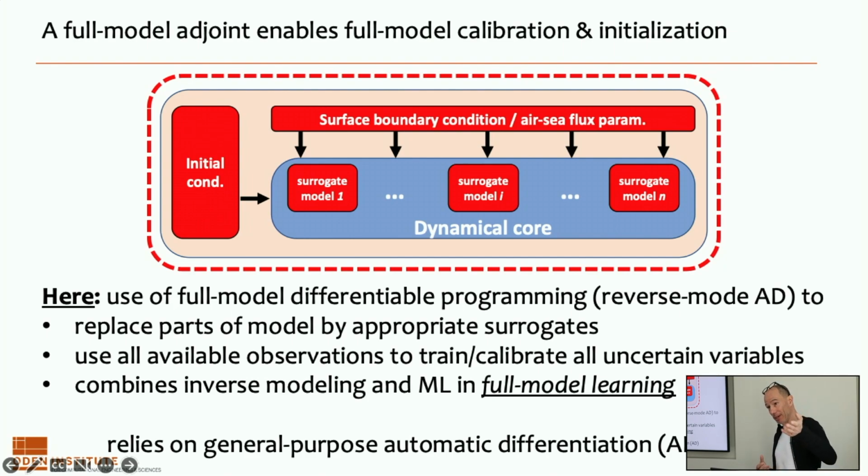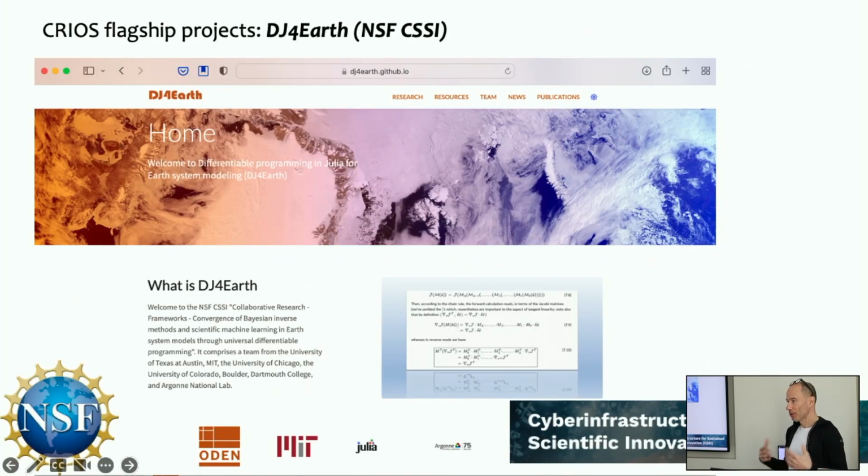This is similar to a slide that one of the previous speakers had, where part of it was a neural network and a larger, maybe PDE-based, physical model. The opportunity with Julia is that we could integrate both of these frameworks, so scientific machine learning with physics-based model optimization, model calibration, and state estimation.